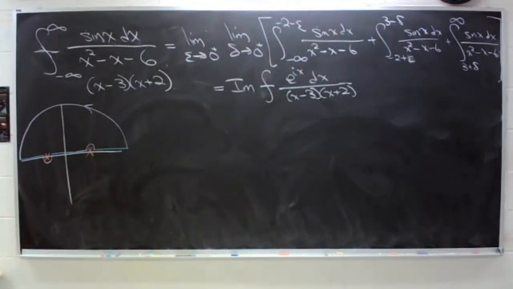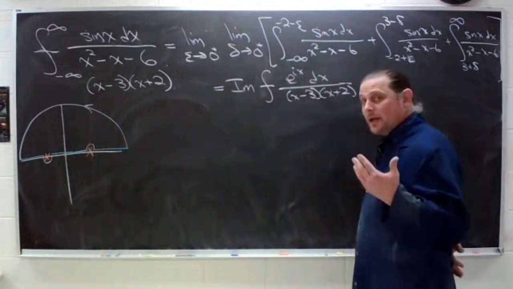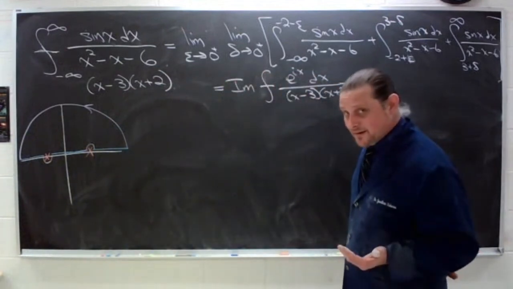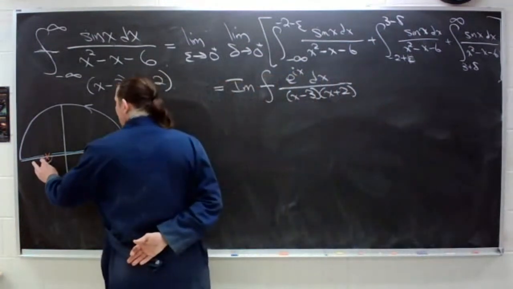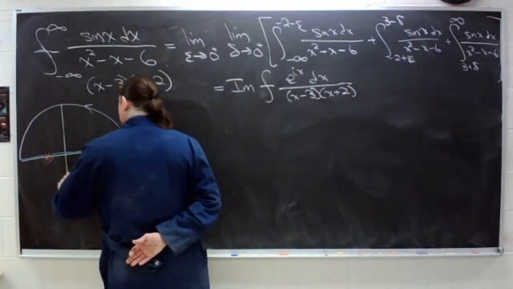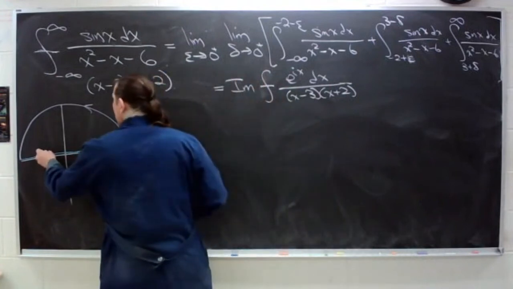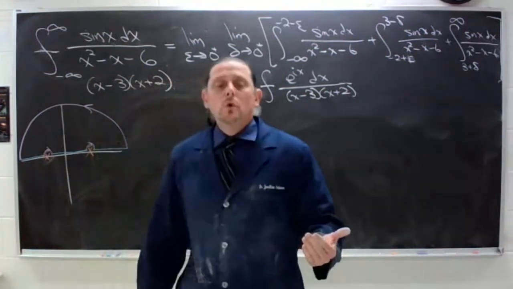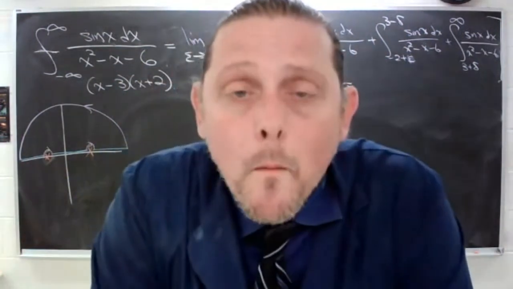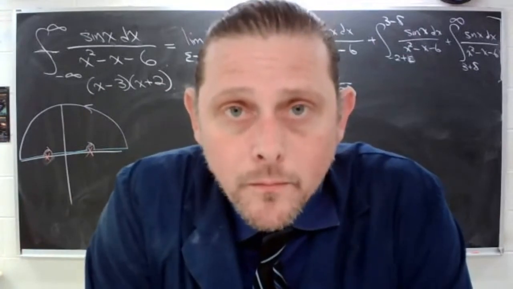But of course, with an eye towards ease of computation, we might choose to close both of them on top. Because if we do that, then the loop integral contains no poles, and the loop integral will be 0.